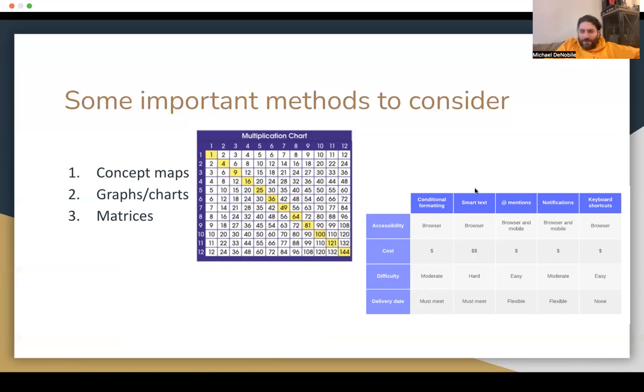I should have figured out where I was getting it from, but the whole point of this is, as you can see, it lists the accessibility, the cost, the difficulty, the delivery date, superimposed on the conditional formatting, the smart text, the app mentions, the notifications, and the keyboard shortcuts. So even though we don't have a title of what this is actually showing us, the whole point is this.